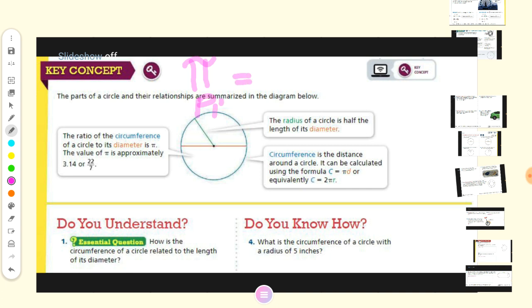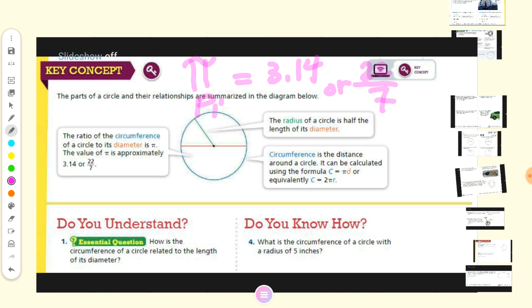I know its value previously, which is equal to 3.14 or 22 over 7. Actually, it's not the actual value, but it's an approximated value, and we'll use it to solve the examples.